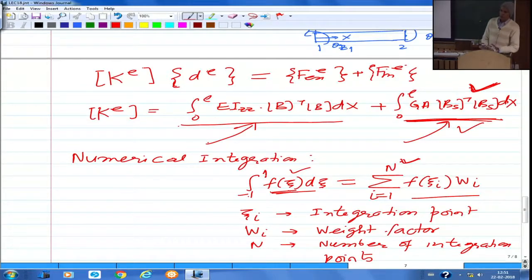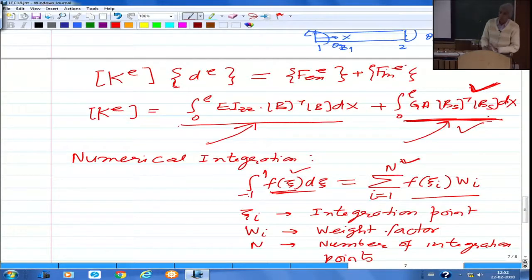Now we want to do reduced integration here. Reduced integration is one order less, so we do the integration using only 1 point, N equal to 1. When you evaluate that, it is known as reduced integration. Now only one integration point, you are underestimating this integral, and when you underestimate this integral, it actually overcomes the locking problem.